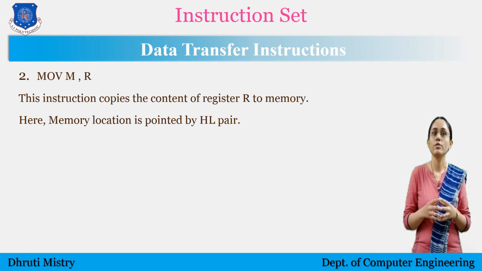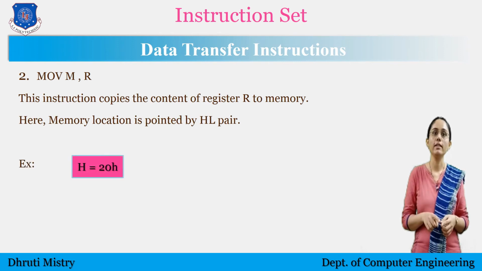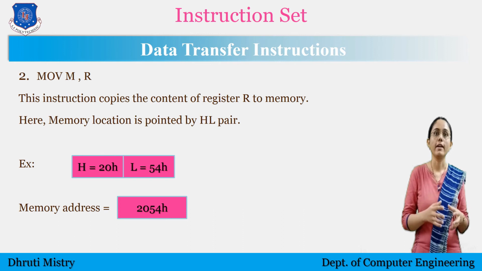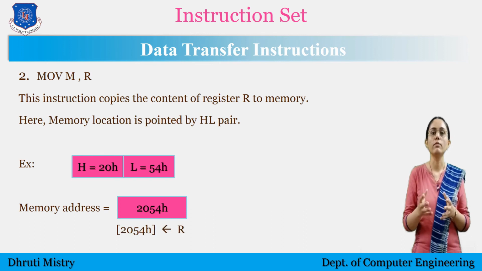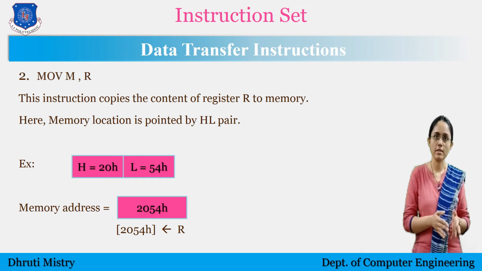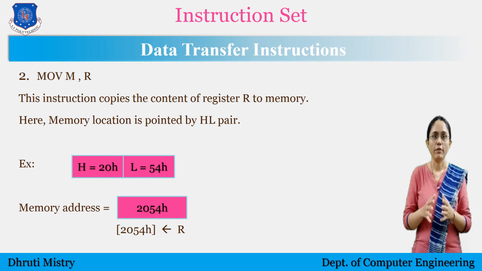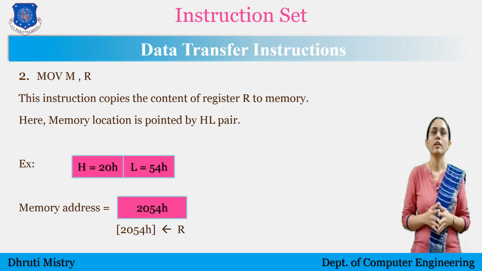Here H equals 20 hex and L equals 54 hex, which means the memory address will be 2054 hex, and the data at this location will be loaded from register R. The reverse transfer of data is also possible, which means data can be transferred from memory to register using MOV R, M, where the memory location is also pointed to by the HL pair.